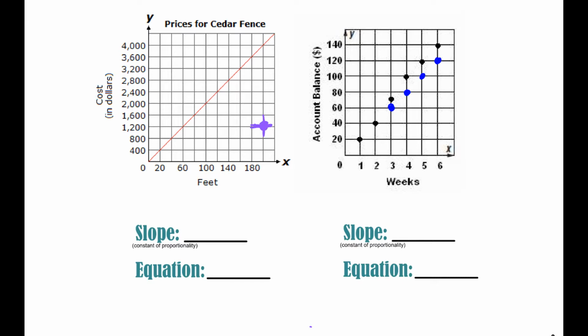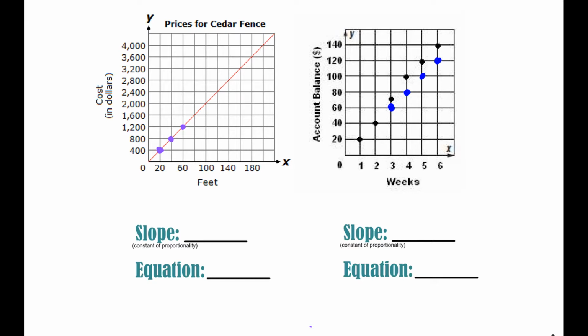This right here would be a nice point because it would have a nice whole number for the x and for the y. So I would be able to find a few different ones, like right here, and right here, and right here. See how the line crosses at those intersections?